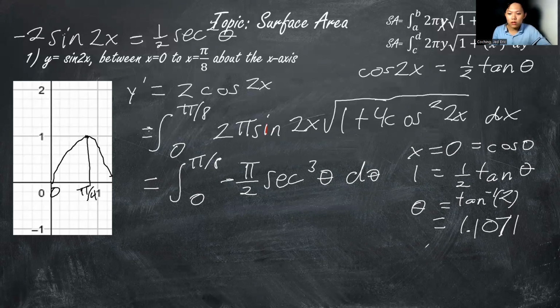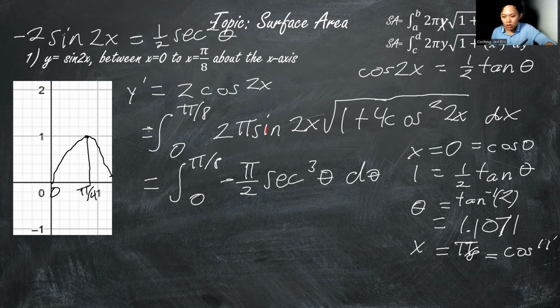So let's get the other limit. So x is equal to pi divided by 8, which is equal to cos pi over 4, which is equal to square root of 2 over 2.